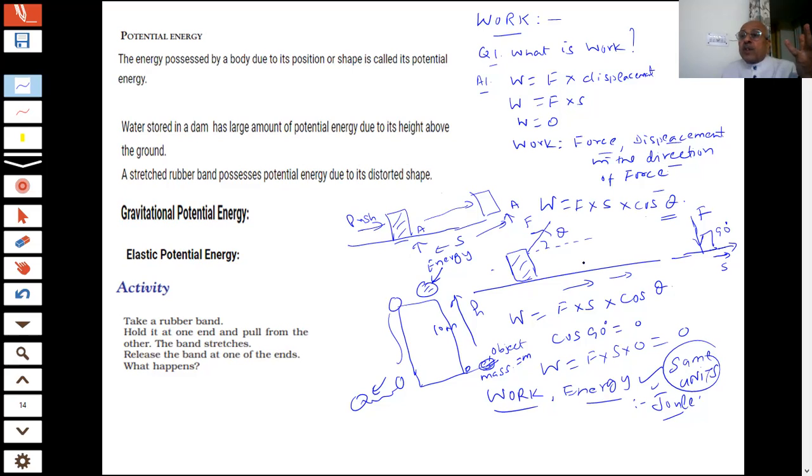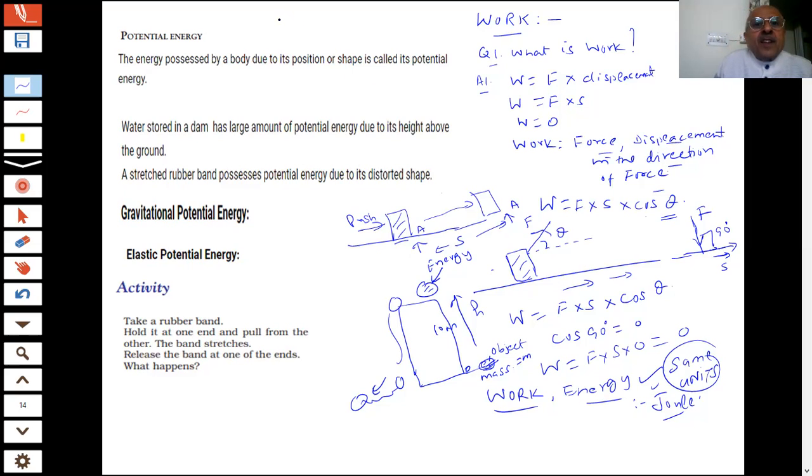Therefore, there are different types of energies which we experience. But ultimately, I have put all forms of energy into two forms: kinetic energy and potential energy. That is what we define.